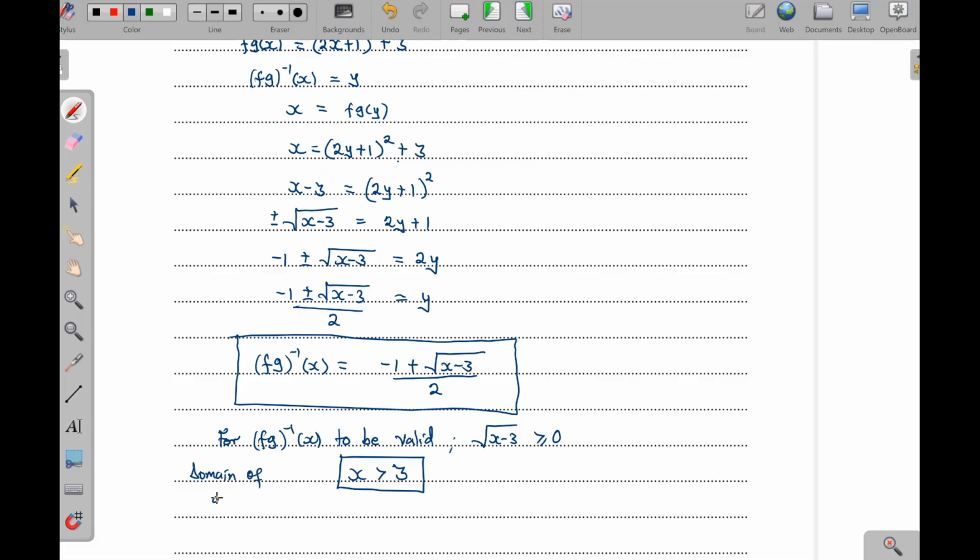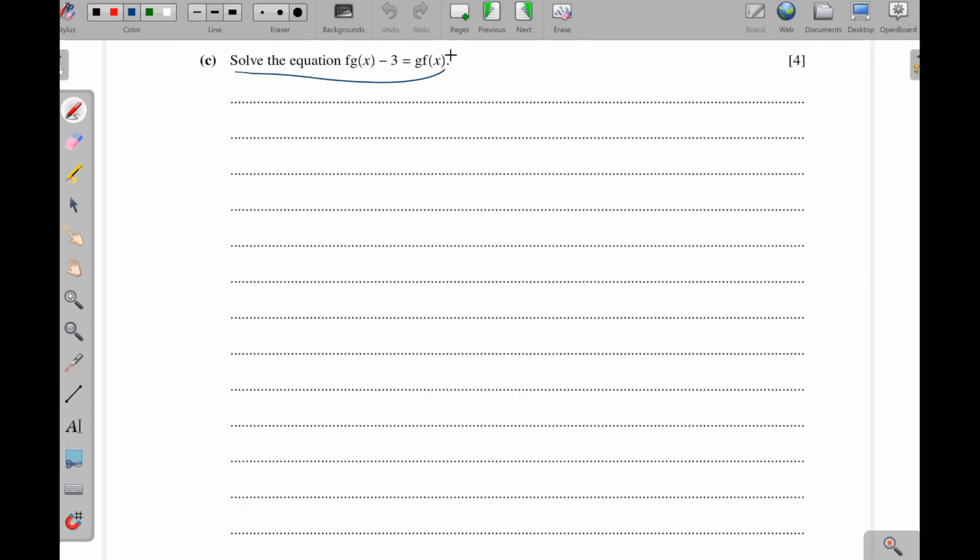of the fg inverse. Part C, solve the equation fg of x minus 3 is equal to gf of x. Now, let us first write our f of x.